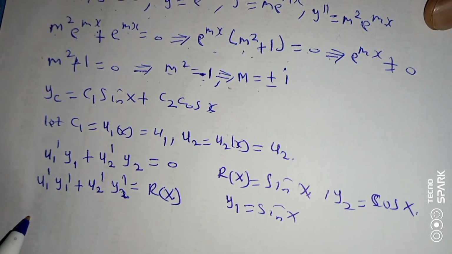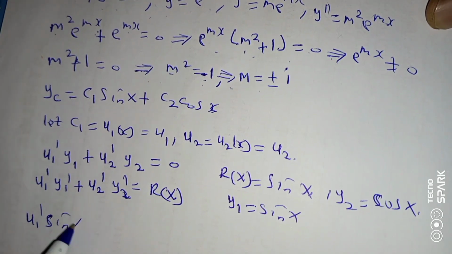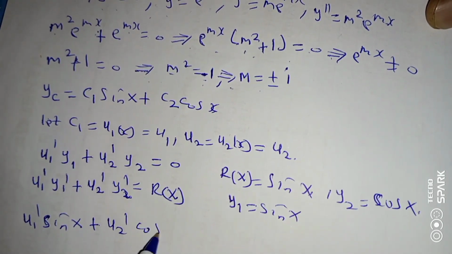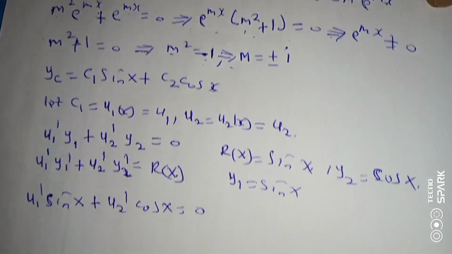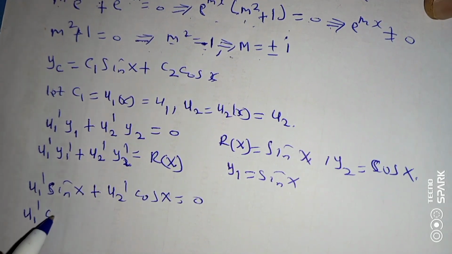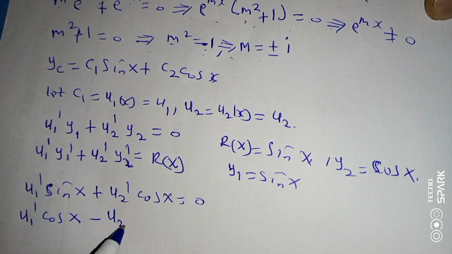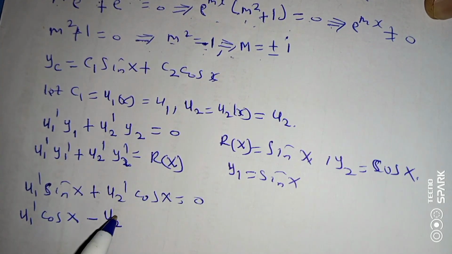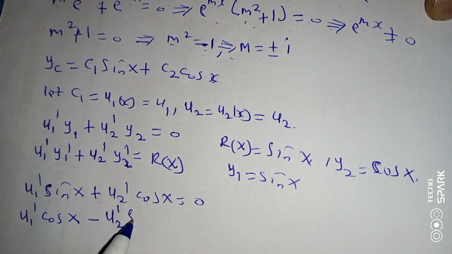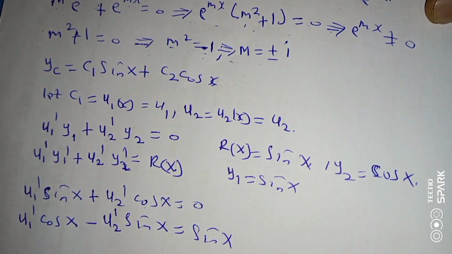So we shall have u1 prime sine of x plus u2 prime cos of x, which is equal to 0. Differentiating, we are going to get u1 prime cos of x minus u2 prime. We differentiate cos of x to give us sine of x, which is equal to sine x.